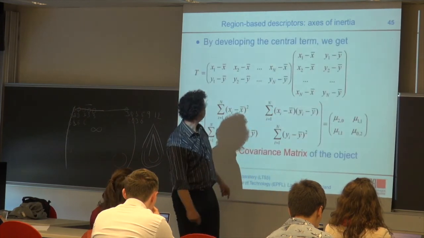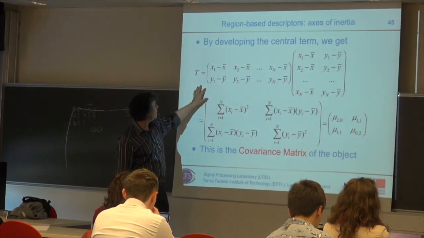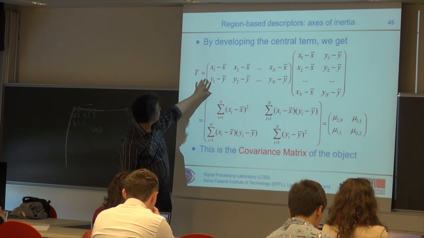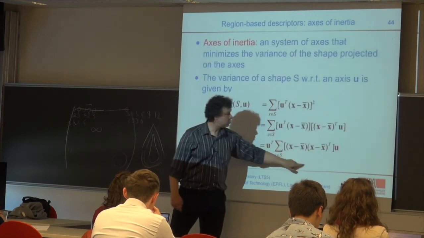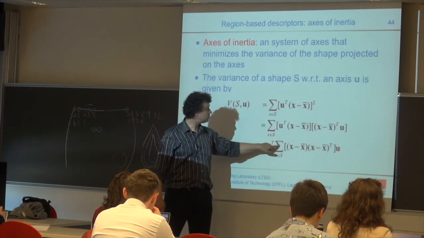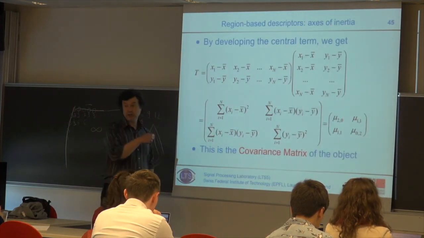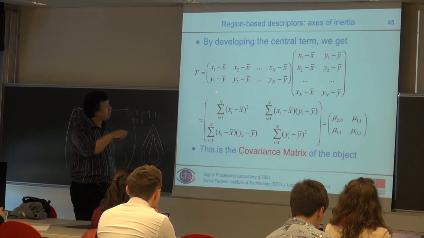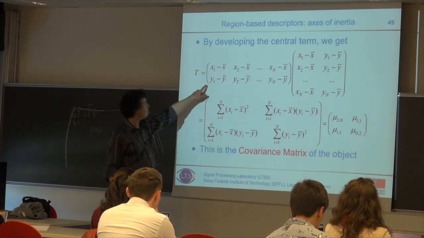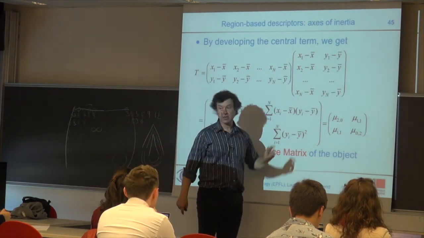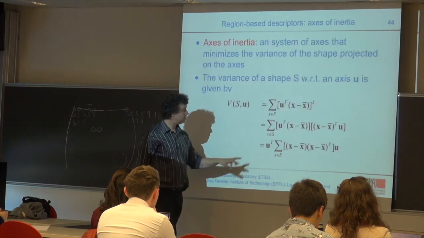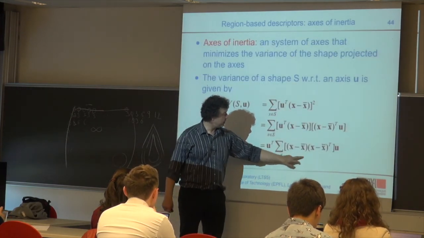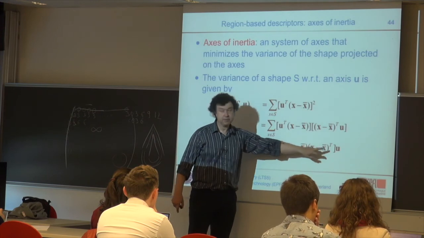Do I have it in the next slide? Yes. By developing the central term, this term here, it's U times something which, in terms of coordinates, is x and y times x and y for all the points of my object, 1 to n. It's the sum for all the points of xy times xy.